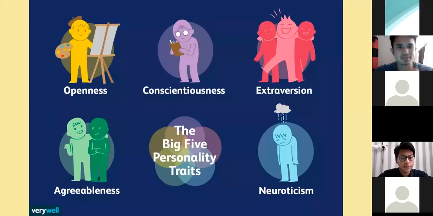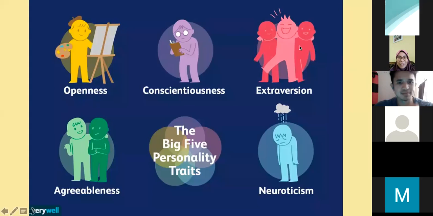At what age does personality get stable? Teenagers. It's between young adult and teenager, right? Adolescent.